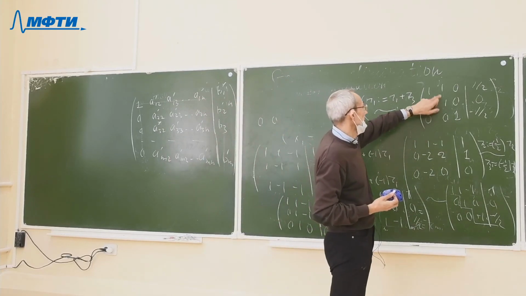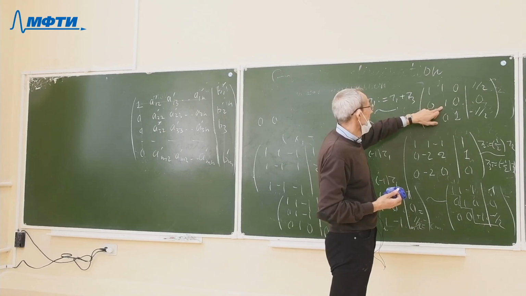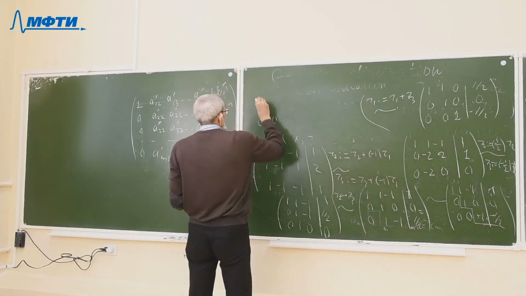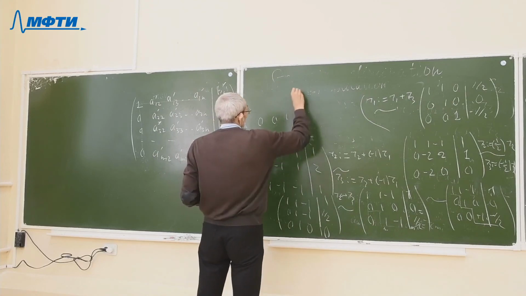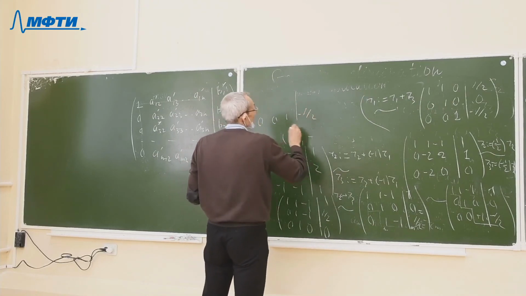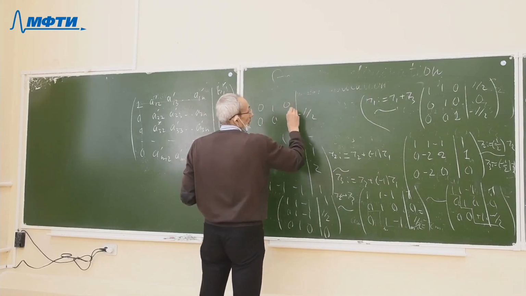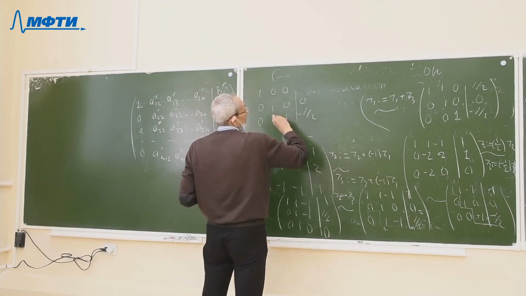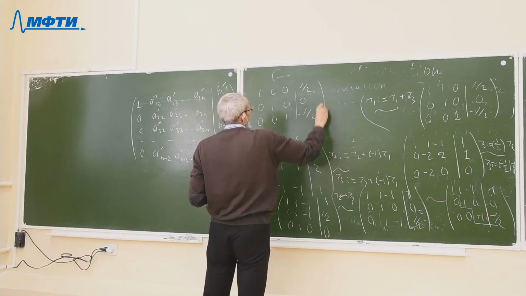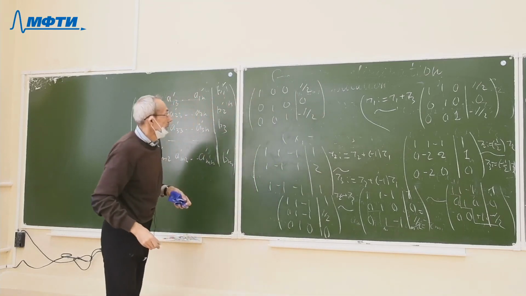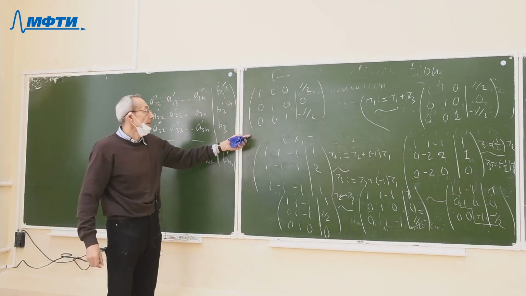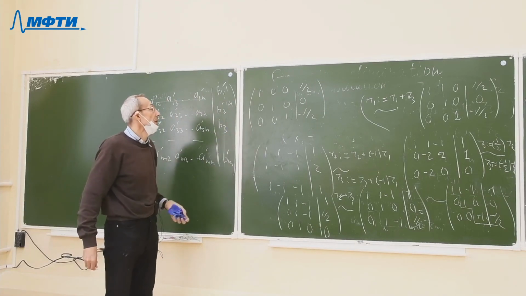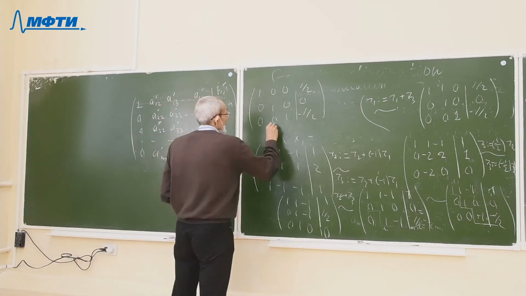We subtract from the first row the second row. And we obtain the solution form for our matrix.